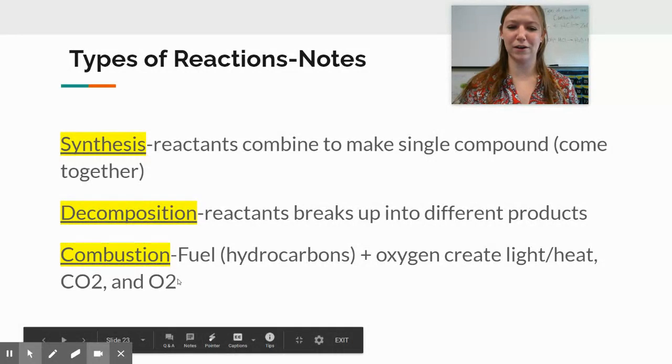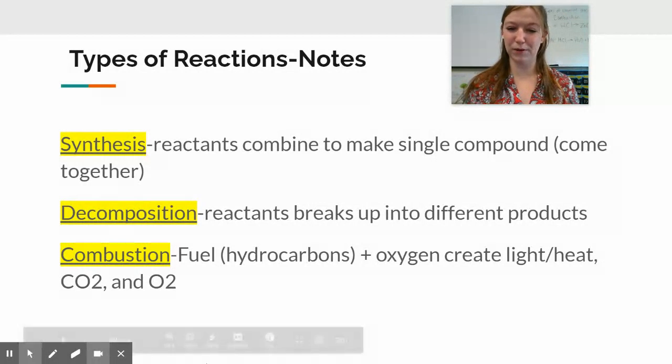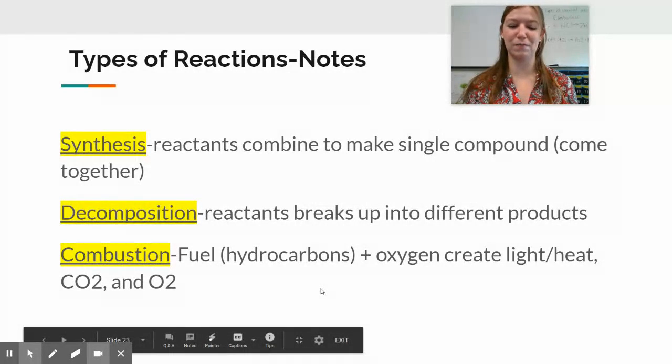They're going to make water vapor. I don't know why that's wrong. I'll fix that. So they're going to make water vapor, and they're also going to leave behind some sort of residue in the form of ash or soot. Whatever is left in that compound that did not burn up is going to be left, and it's going to be a much smaller physical thing.